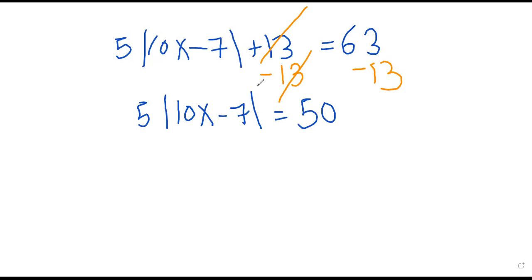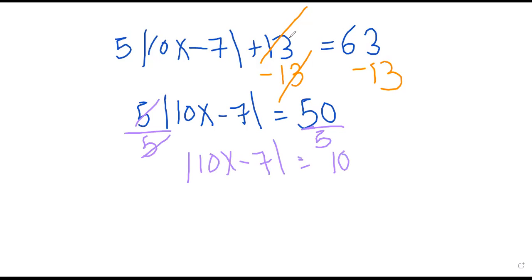After that, I need to get rid of 5, by dividing both sides by 5. So we are left with the absolute value of 10x minus 7 is equal to 10. Now we have the absolute value isolated on the left-hand side. This is easy to solve.